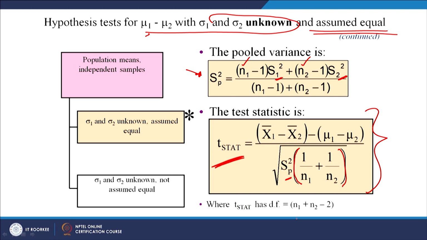In the one sample test, whenever we used the t statistic, we always used degrees of freedom n minus 1. But since here you have two samples, the degrees of freedom would be n1 plus n2 minus 2, because there are two samples.